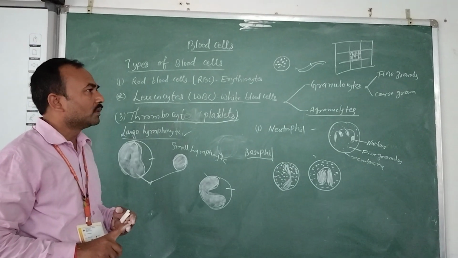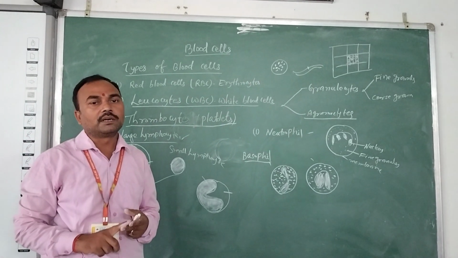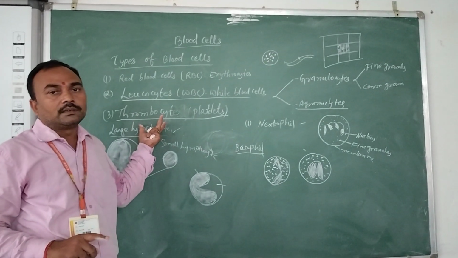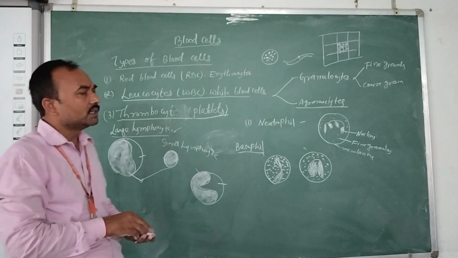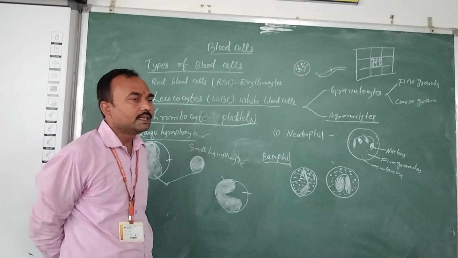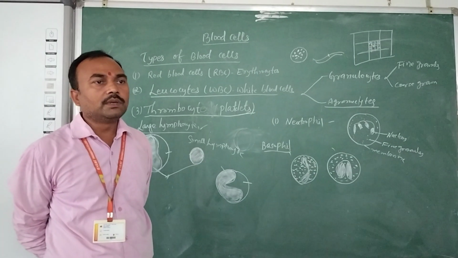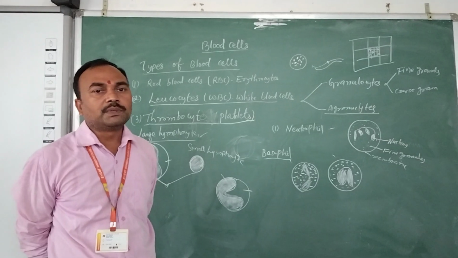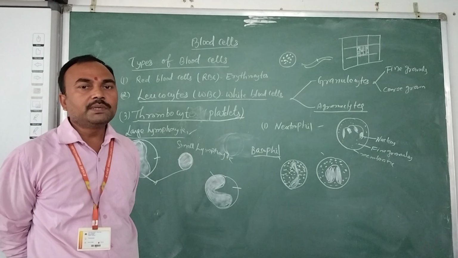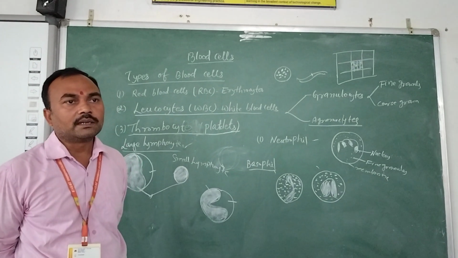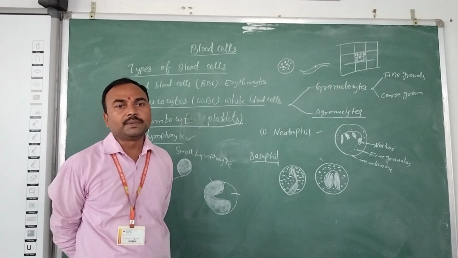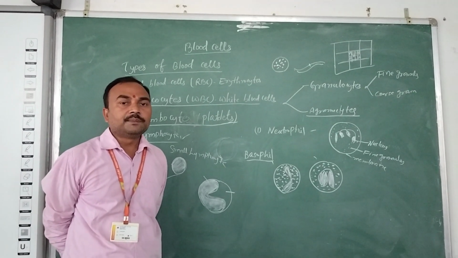RBC is mostly the highest in number compared to the other two cells. Another thing is the morphological structure of RBCs. Once RBCs decrease in our body, we can say the subject is suffering from anemia. Anemia has several varieties, like vitamin B12 deficiency anemia, thalassemia, and iron deficiency anemia.